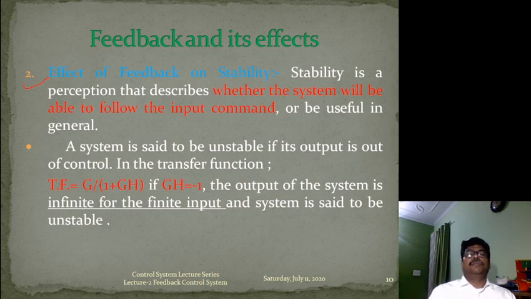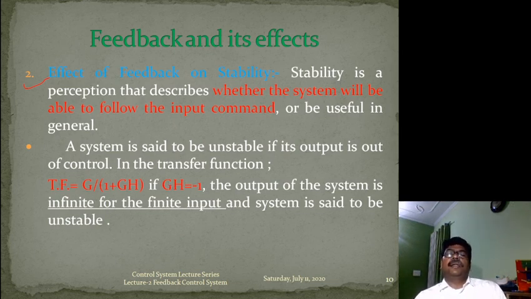For a negative feedback system, the transfer function is G upon 1 plus GH, having only one feedback loop, and GH may under some condition be equal to minus 1.